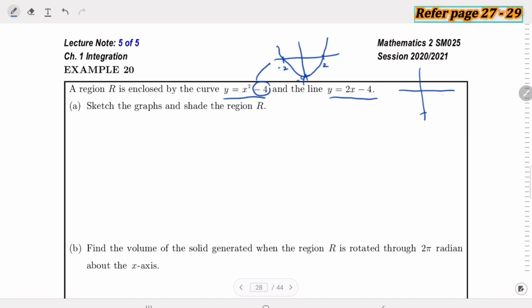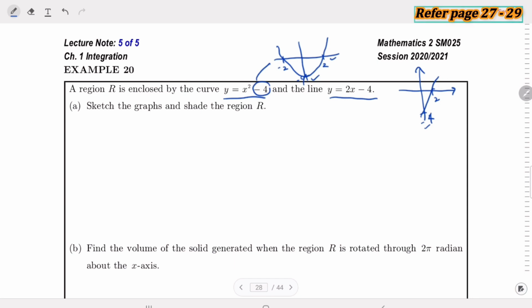So both functions cut at the same intersection point on the y-axis, which is -4, and then the x-axis when y equals 0. So 2x minus 4, x equals 2. The quadratic hits at -4 and 2, and this linear also hits at -4 and 2.